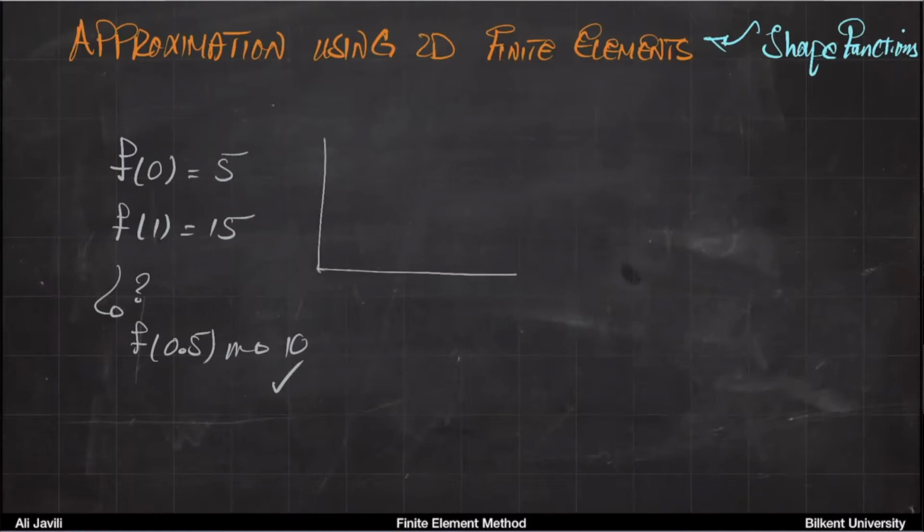So you thought, well, at 0 you have 5, at 1 you have 15. You connected this line, and basically you approximated that value using this linear approximation. Okay, so this is what you did. This was a 1D example.